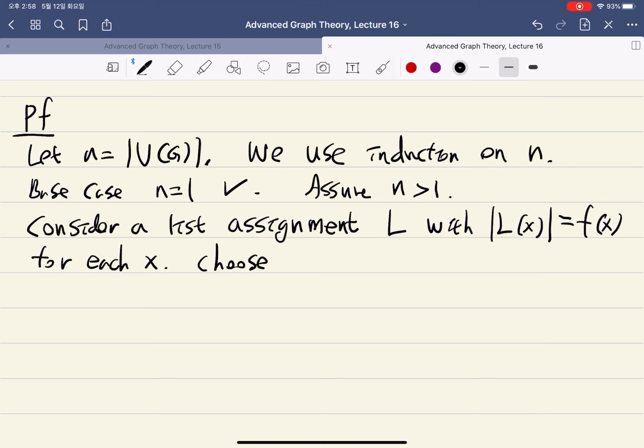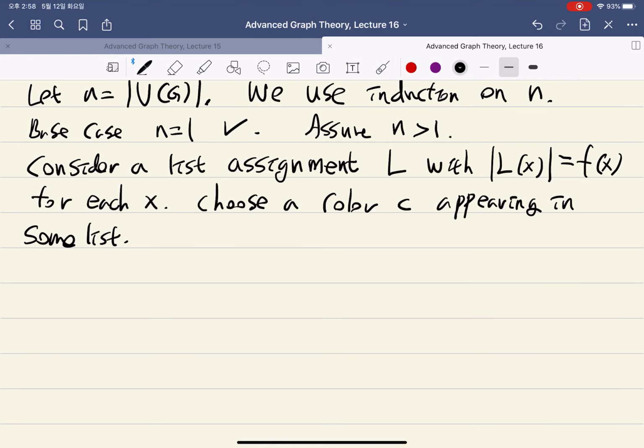So we choose a color C which appears in some list. We will do as we imagined before.